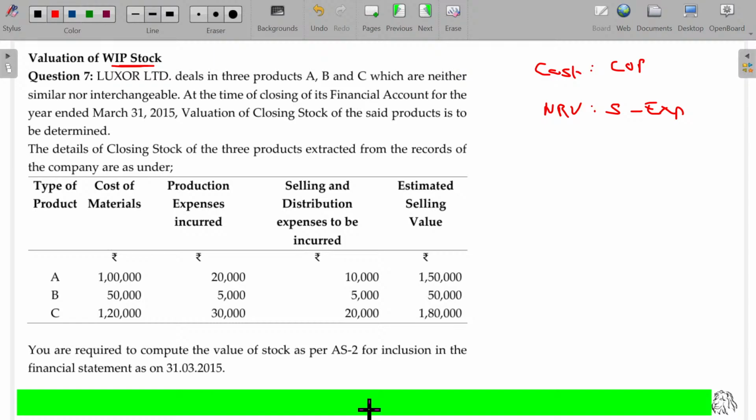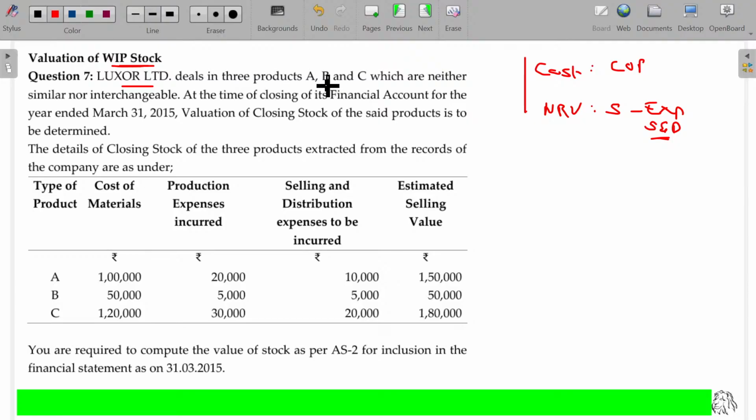NRV is sale value minus expenses on sale, which relate to selling and distribution. Cost of production relates to material, labor, factory overheads and all put together, up to the point of production.